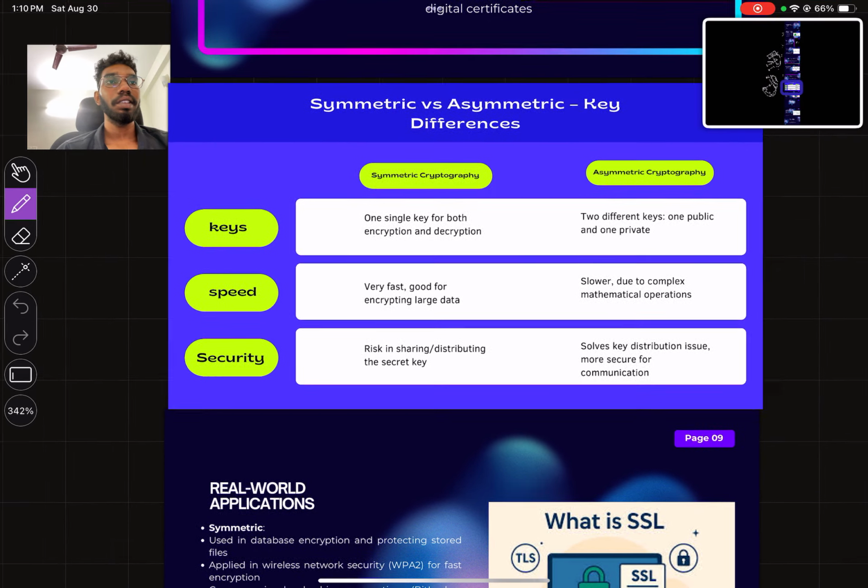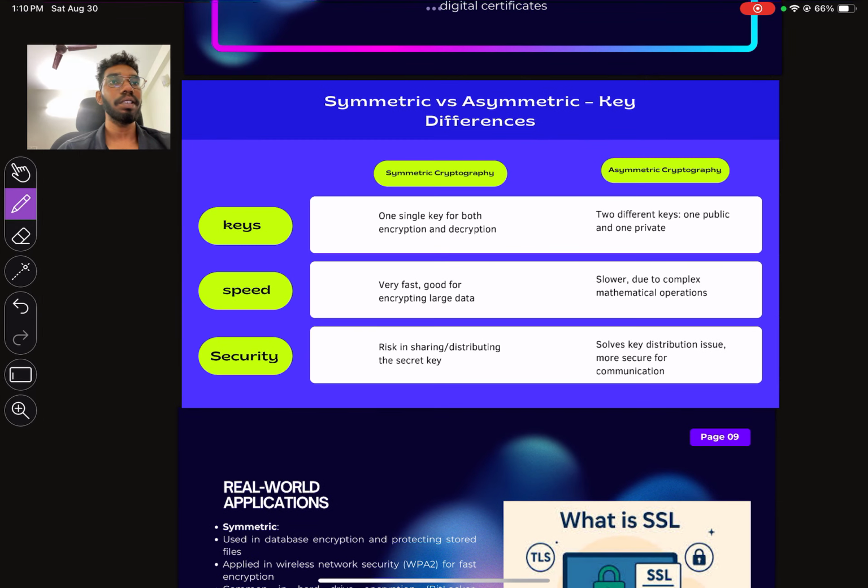Let's see the key differences between symmetric and asymmetric techniques. Keys: symmetric cryptography uses only one key, whereas asymmetric uses two keys, a public and a private key.